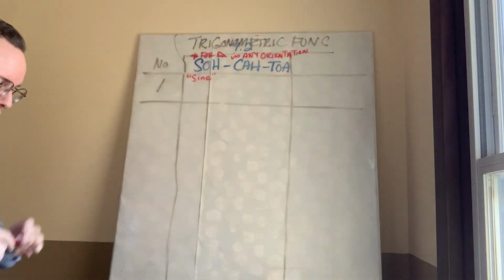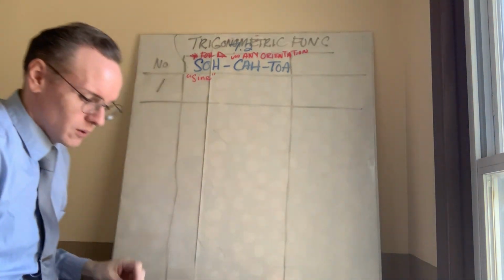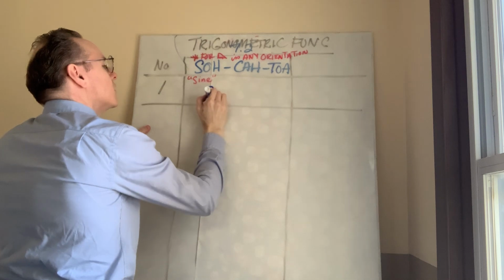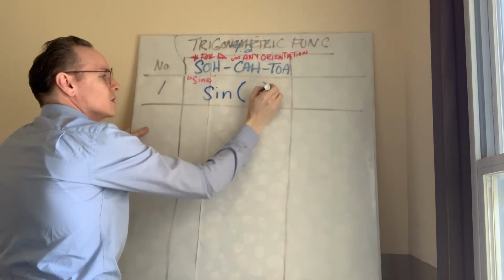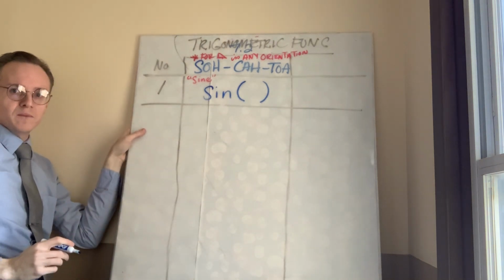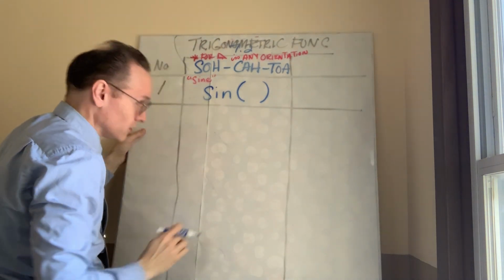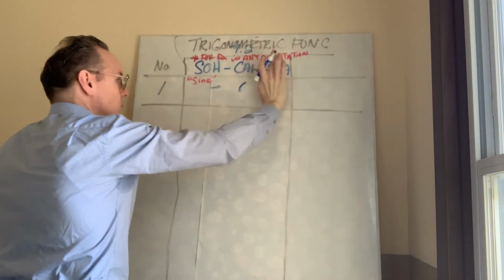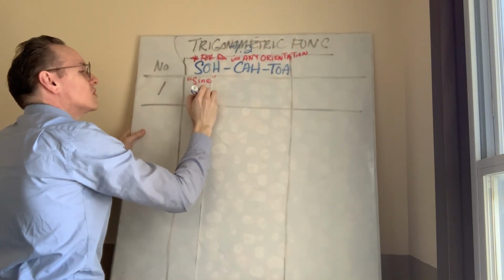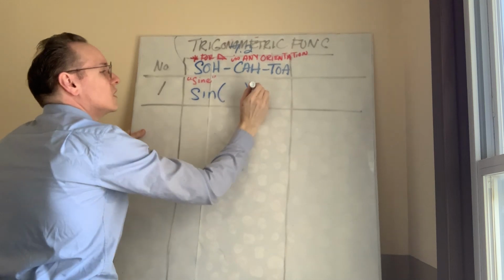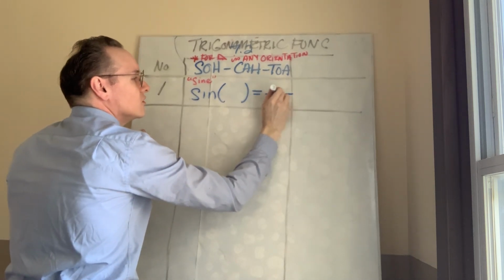But the abbreviation as a function would look like this. Sin. And then, because it's a function of parentheses, I need a little bit of space, so I'm just going to erase this and scoot it over. So sin, parentheses, and then the ratio that it is equal to.